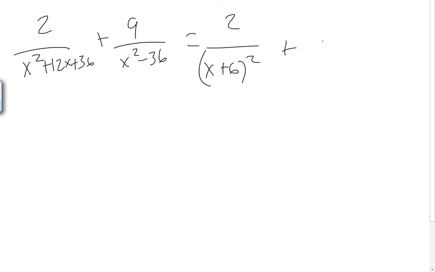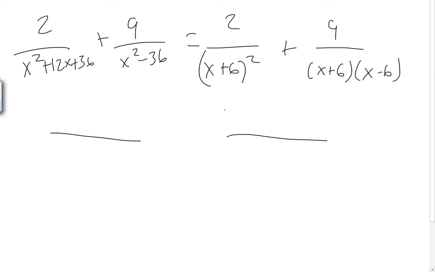This factors to be x plus 6, x minus 6. So the question is, how do I actually add them in this case? Well, you need to get them to both have the same denominators, right? I have the 2 over here, I have the 9 over here, but I want them to be with that common denominator, that LCD that we just found, x plus 6 squared, x minus 6.